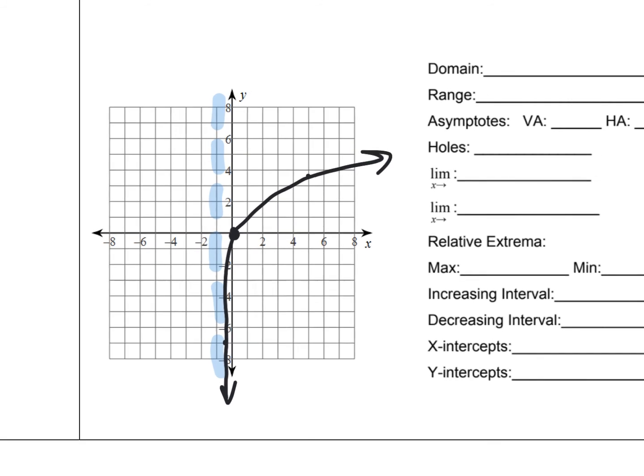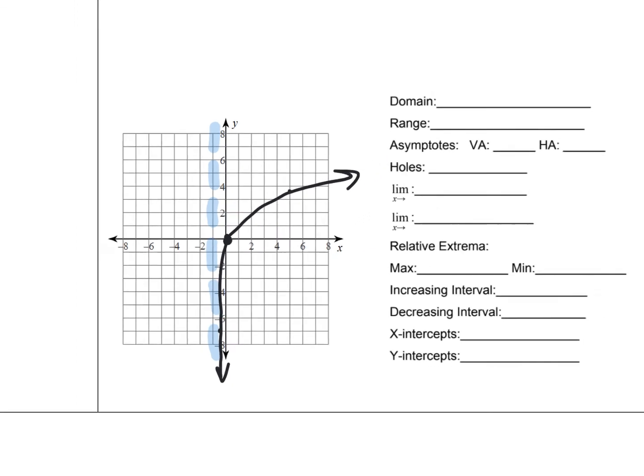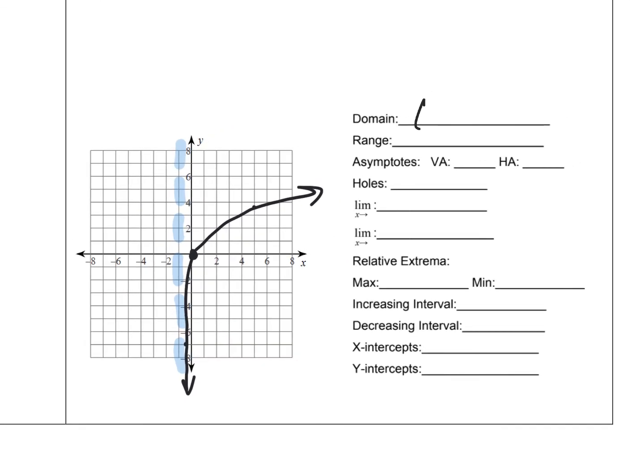This is the graph you should have down. We all agree with this graph? Okay, domain on this one. Range. Asymptote. 1 or -1? Yep. Horizontal asymptote. None. Hole.